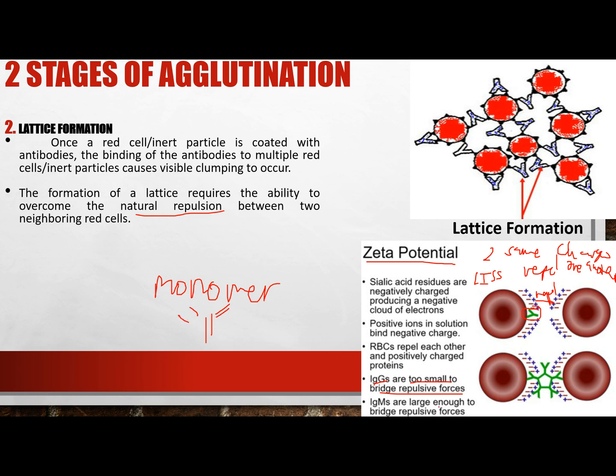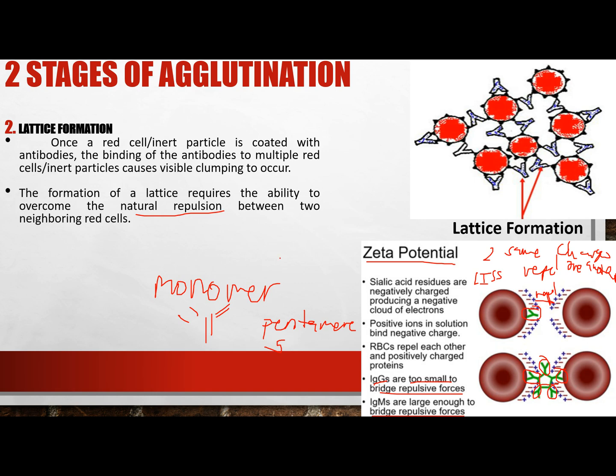But IgM class are large. Why large? IgMs are in the form of a pentamer, from the prefix penta meaning five, made up of five antibodies held together. One, two, three, four, five. And due to this large size, they are large enough to bridge repulsive forces.